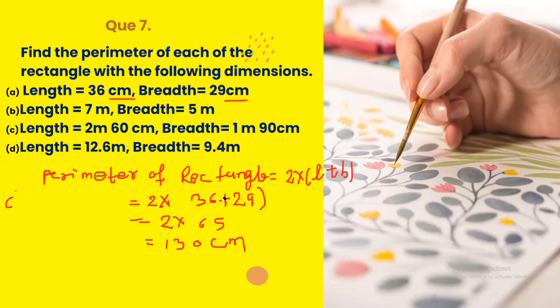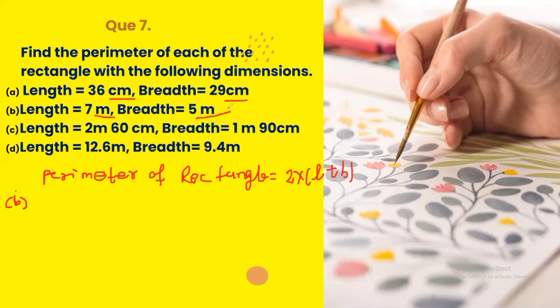And now I'm going to solve the second question. You can use the same formula here. Perimeter of rectangle is 2 multiply in bracket L plus B. The second question is the B part. In the B part, length is 7 meter and breadth is 5 meter. You can check, both units are the same. So you need to write the value: 2 multiply length, 7 meter plus 5 meter.